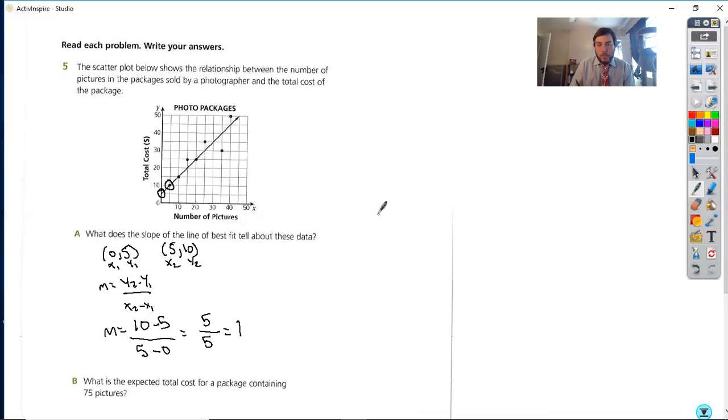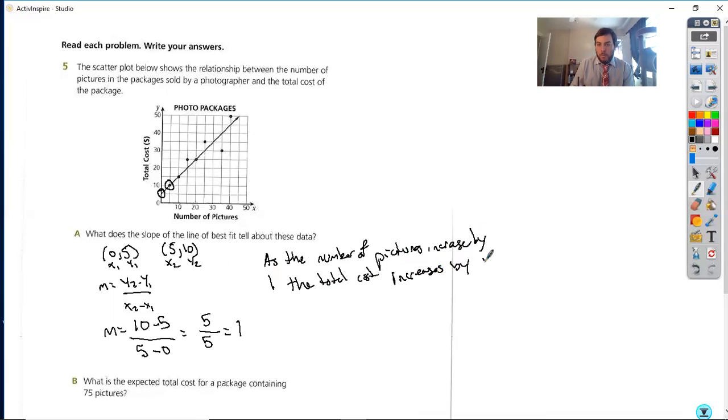So that shows us that as the number of pictures increase by 1, the total cost increases by 1, right?